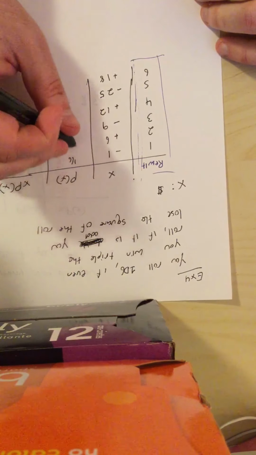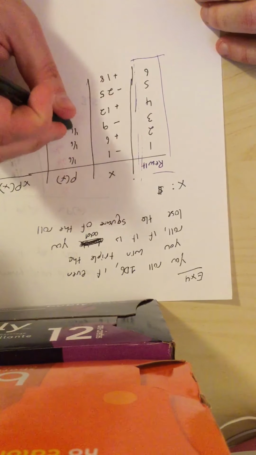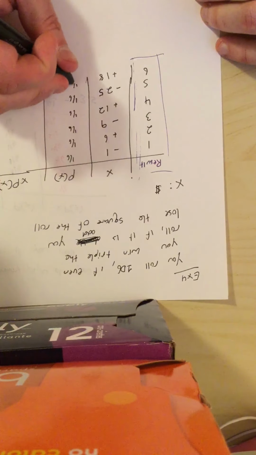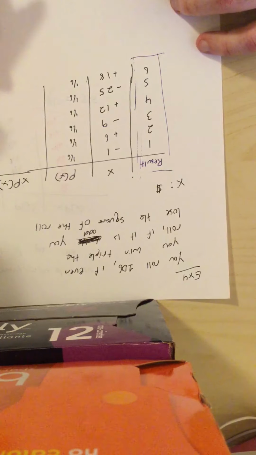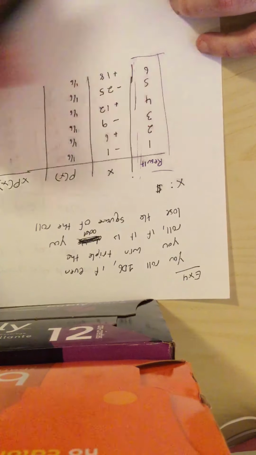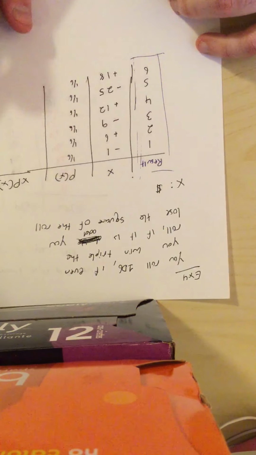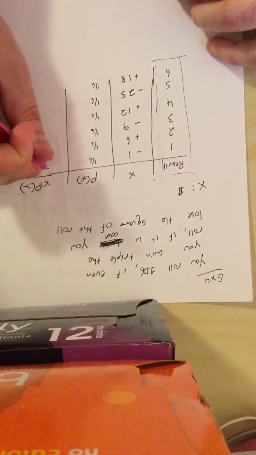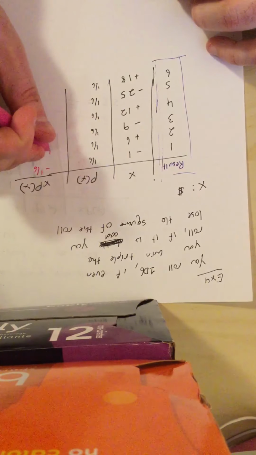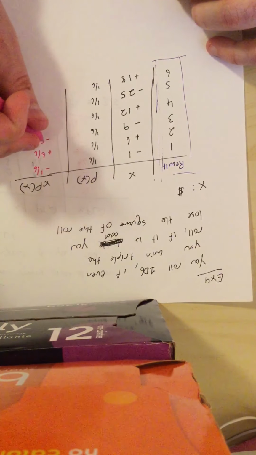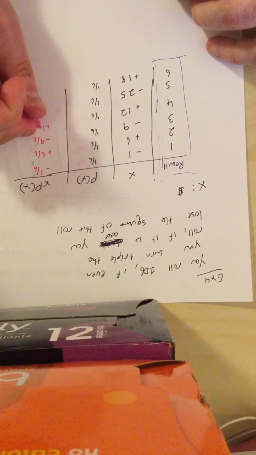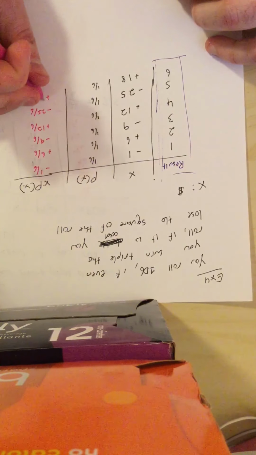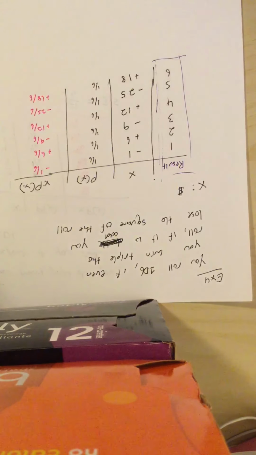The probabilities are still 1 over 6. A name for this is a uniform probability distribution, so the probability is the same across the board. To get the expectation, I'm going to multiply these, and I'm not going to reduce it. That's minus 1 over 6, plus 6 over 6, minus 9 over 6, plus 12 over 6, minus 25 over 6, plus 18 over 6.